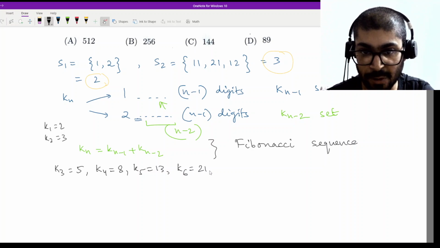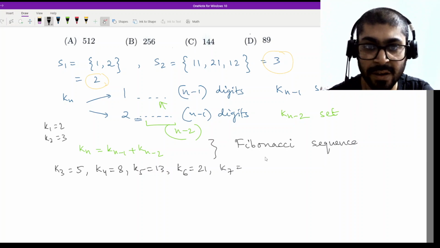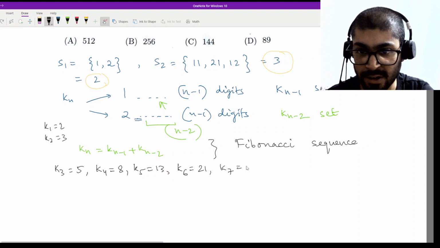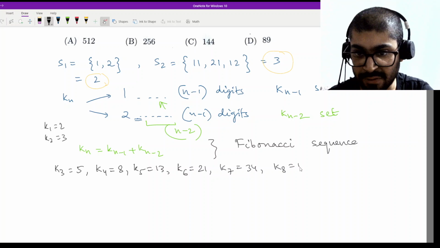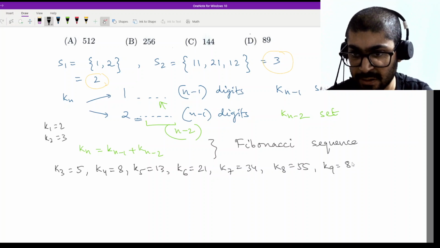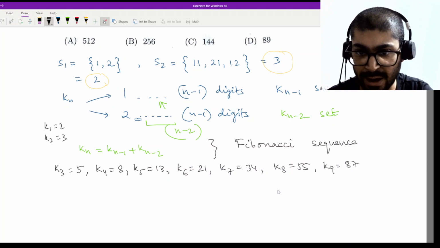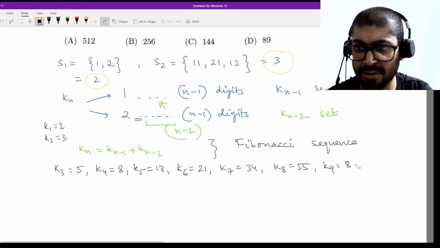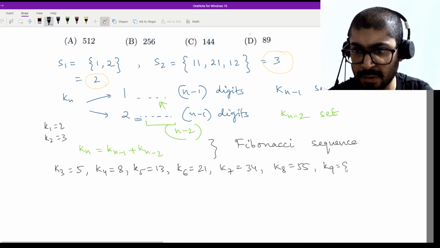K6 would be 21, K7 would be 34, K8 would be 55, K9 would be 89, and then K10 is equal to 144.